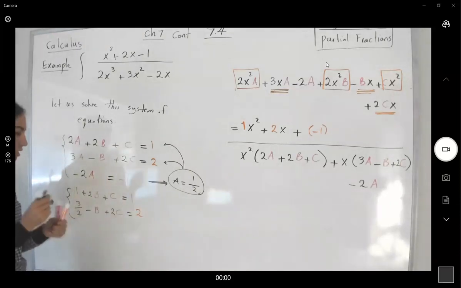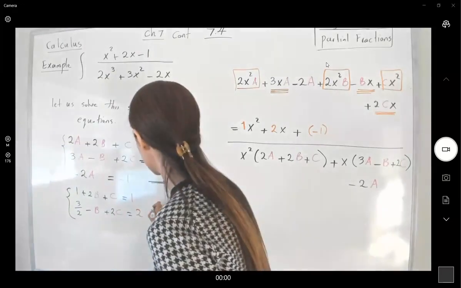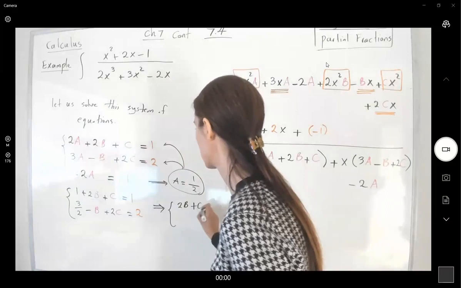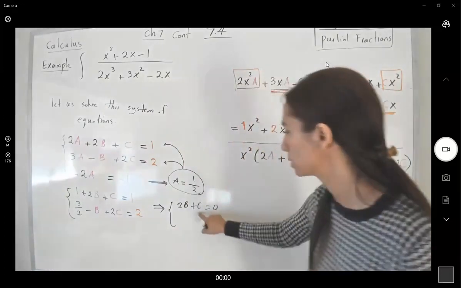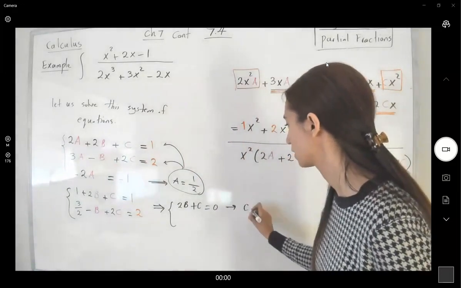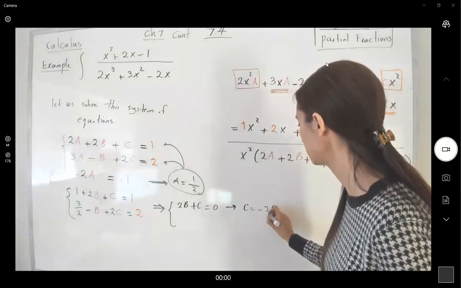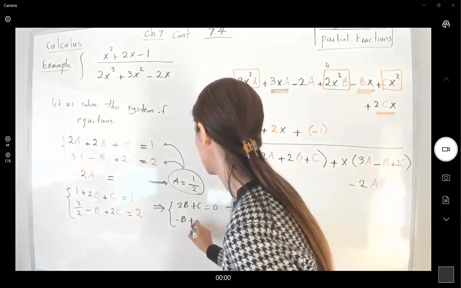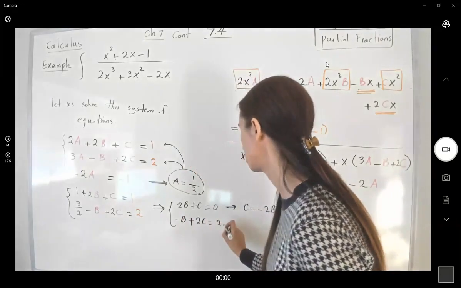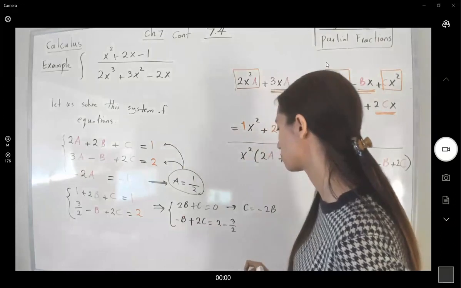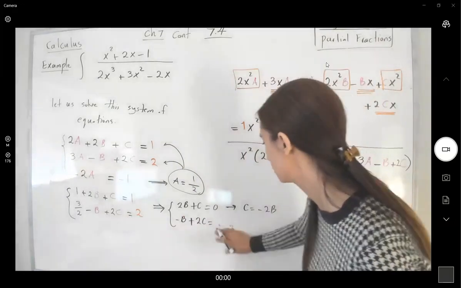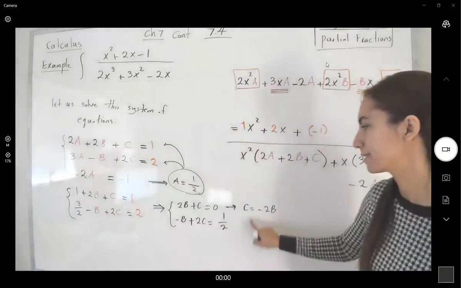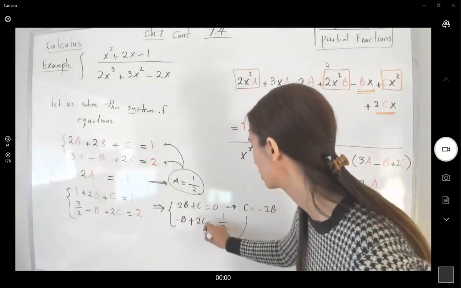So the first equation becomes 2b plus c equal to 0. It means that c is equal to minus 2b. And here, the second equation, you have negative b plus 2c equals to 2 minus 3 halves, which is just a half. And then we can substitute c here and solve for b.